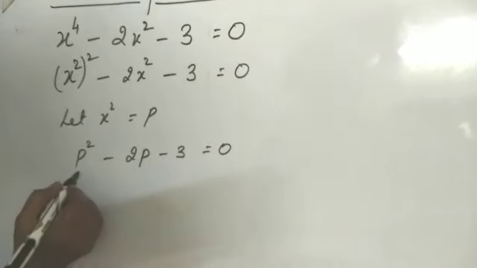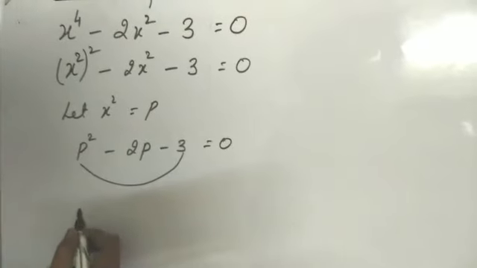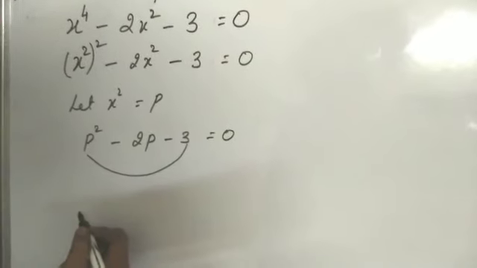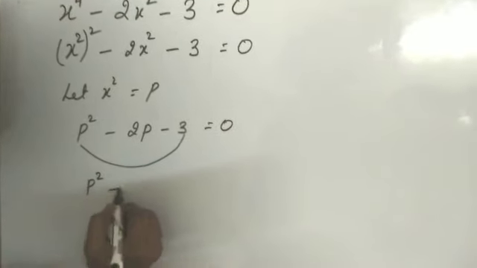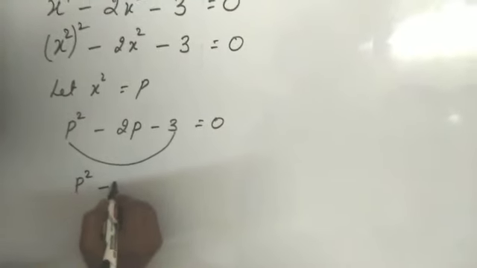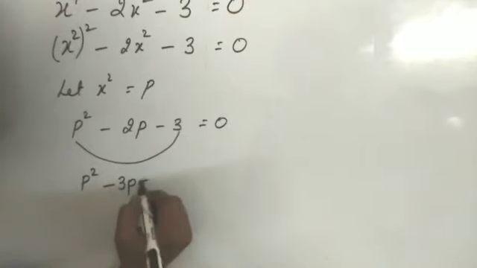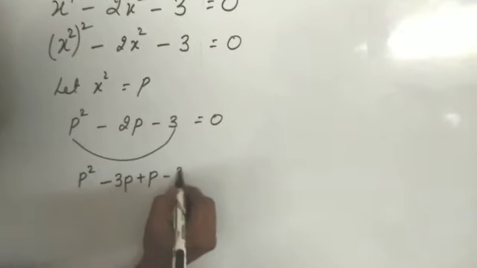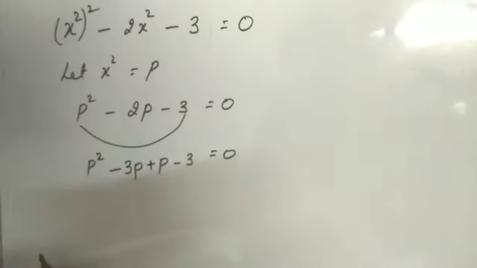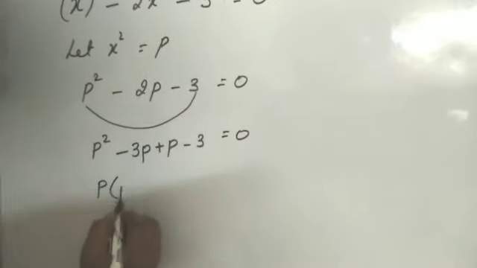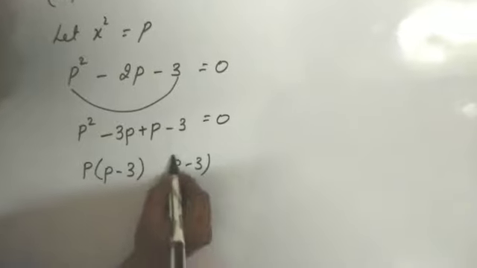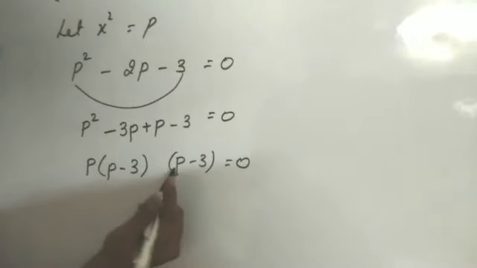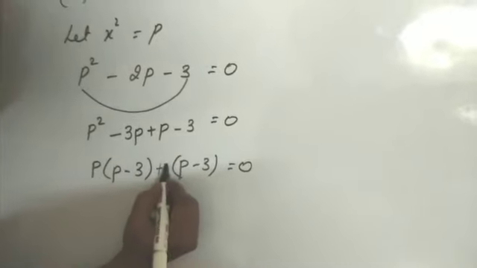Now, you see 3. 1 into 3, 3. 1 minus 3, minus 2. So p squared minus 3p plus p minus 3 is equal to 0. Then p minus 3 and p minus 3, common one first you have to take it and then put the sign, plus 1.